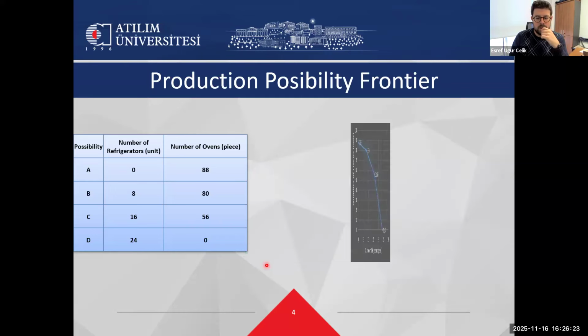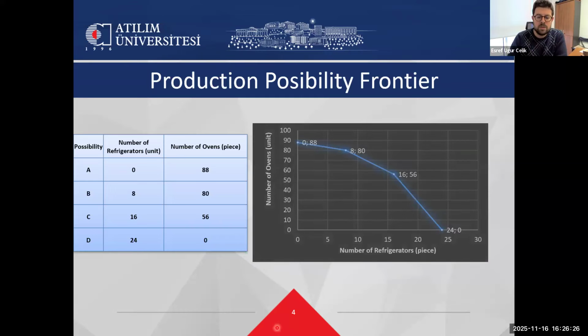Then one more thing. We are also able to say, for producing one more refrigerator, how much can we give up for the ovens? As I said, the production possibility curve is negatively sloped. So for producing one more refrigerator, we have to give up more and more for the ovens, because the negative slope means that resources are scarce.